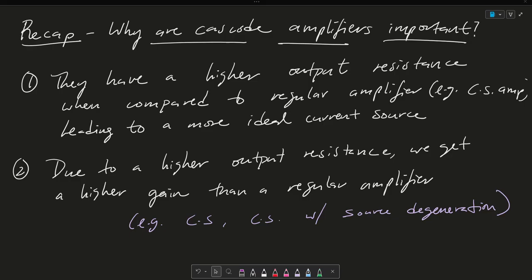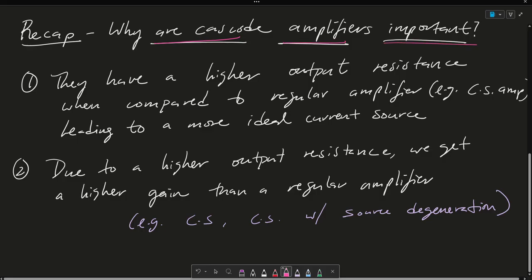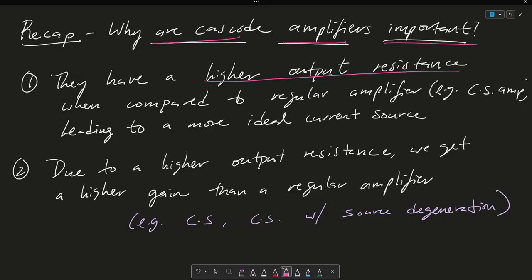Before we do that, actually, I want to talk about why a cascode amplifier is important. This is simply a recap from part one. It says here that a cascode amplifier has a higher output resistance when compared to a regular amplifier, such as a common source or a common source with source degeneration, leading to a more ideal current source.